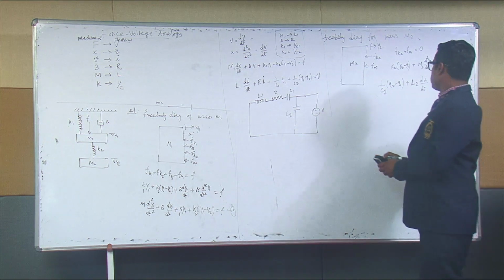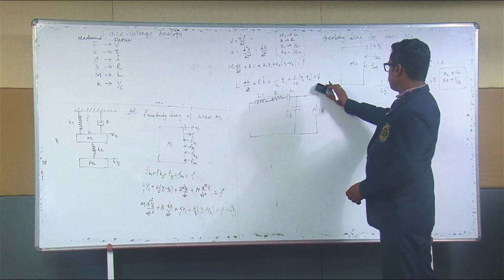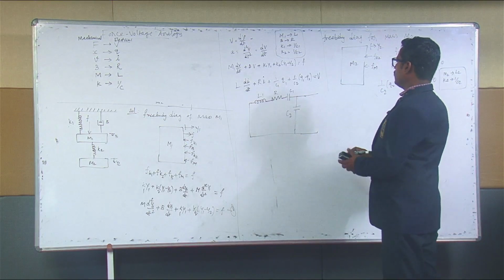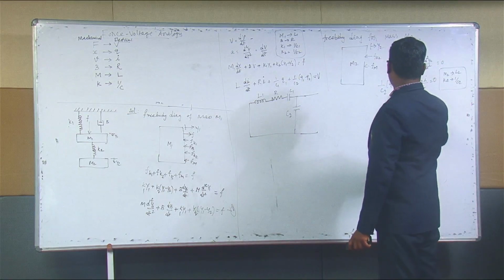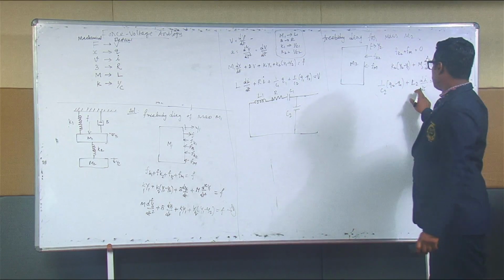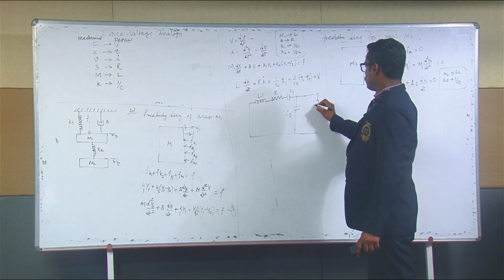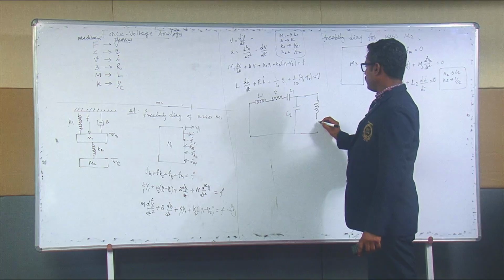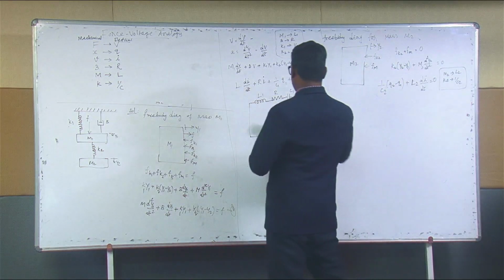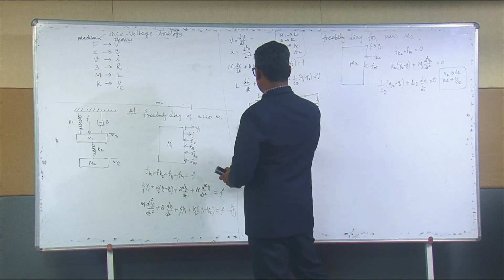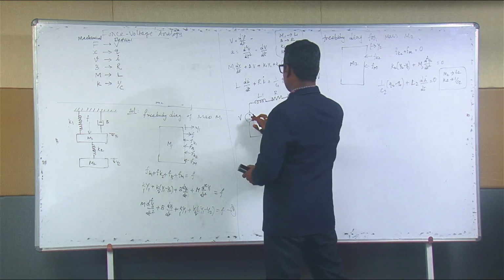L2. So the total diagram after converting into electrical system is, from equation 1 and the common element is C2, and in the second loop we are having the mass L2. So here you are having L2, with the source connected in the first loop, the voltage source.